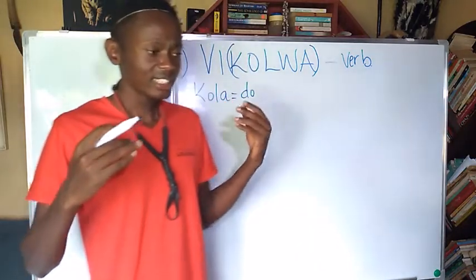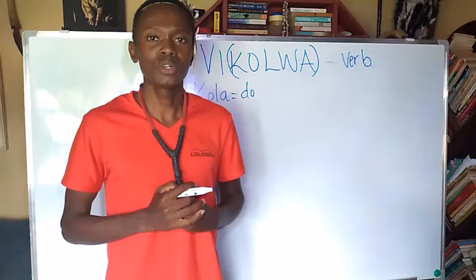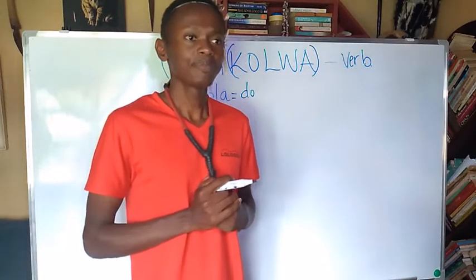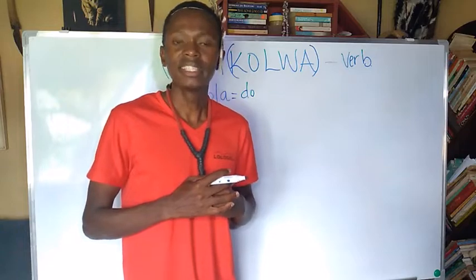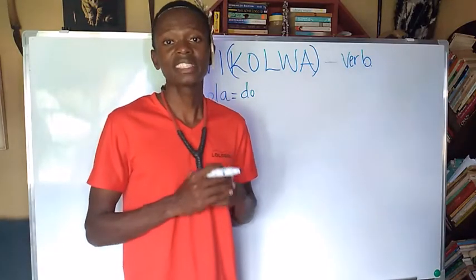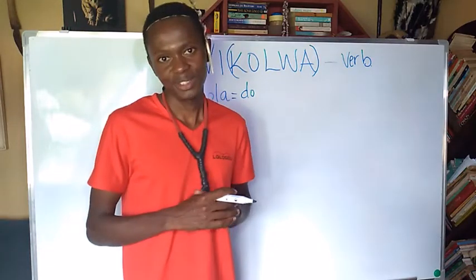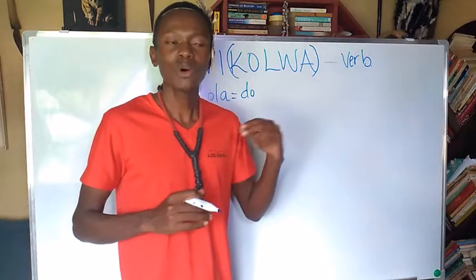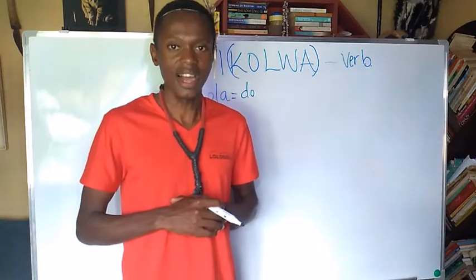One general or key aspect of verbs in Lulogooli is that they are affected by different things, and sometimes in a sentence they do not stand alone. So you will always find a verb agglutinated in a word.